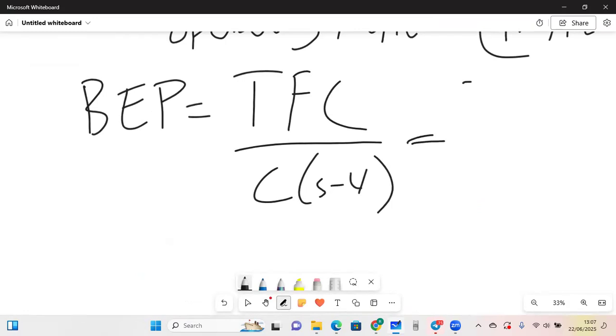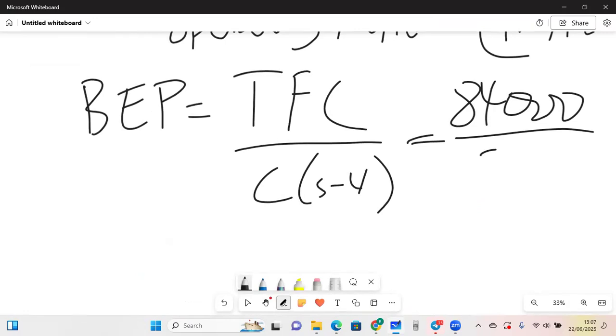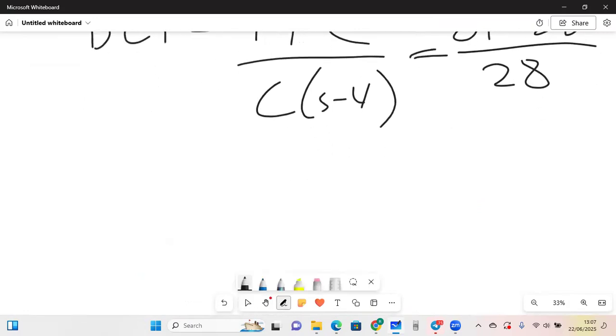Total fixed cost here was 84,000, and we calculated the contribution to be 28. So now our break-even point is going to be... where's my calculator?